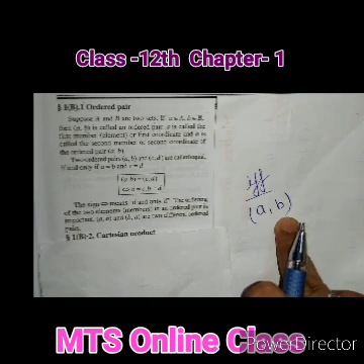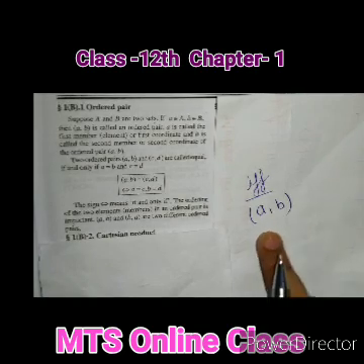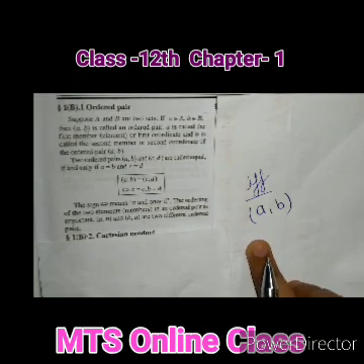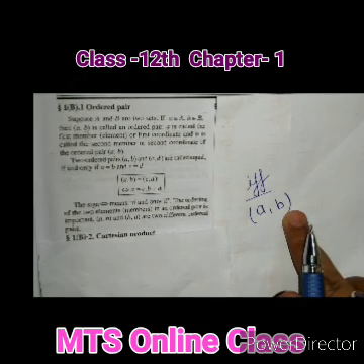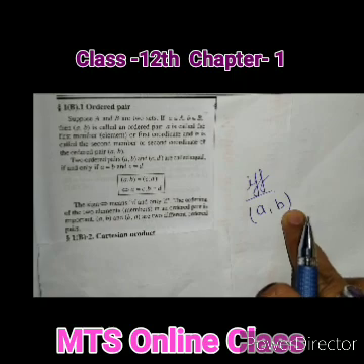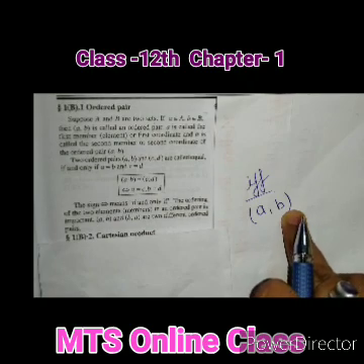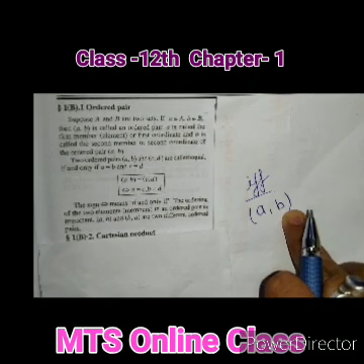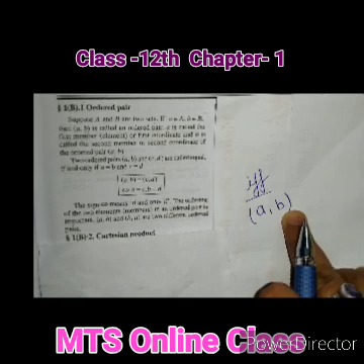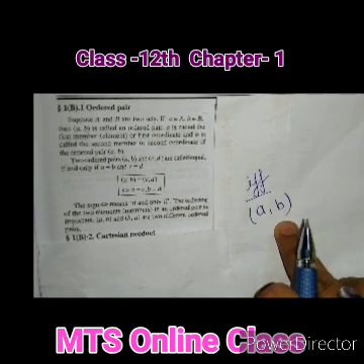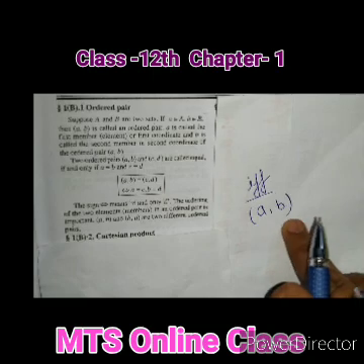In simple language, if we take one pair of entries A and B, separated by a comma and enclosed within the bracket, such type of a pair is called an ordered pair.